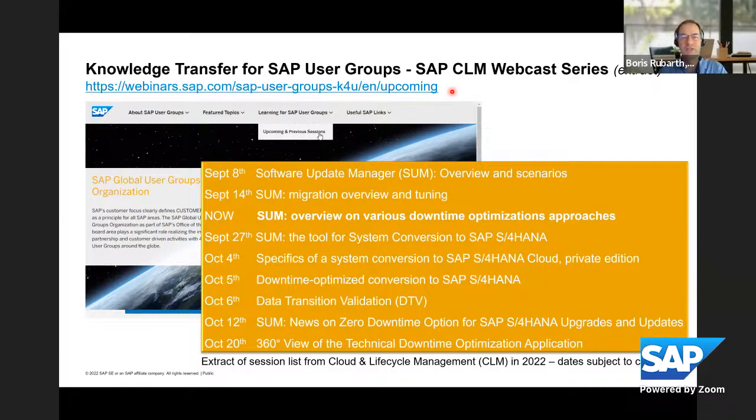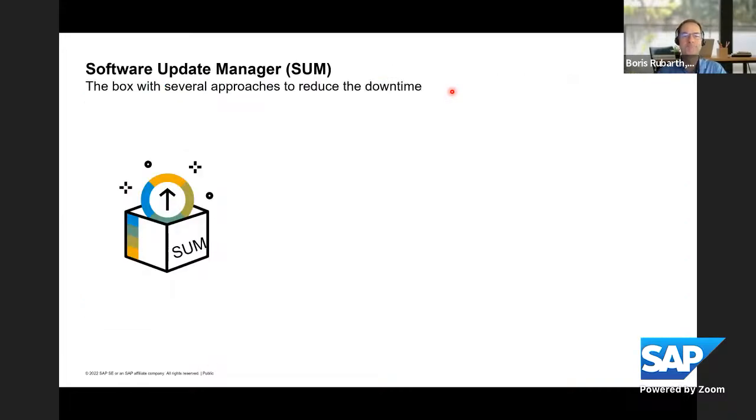So now focusing on the software update manager. You know, that's the tool for several approaches: update, upgrade, migration, conversion, other things. And now this magic box has a couple of approaches that are focusing on reducing the downtime.